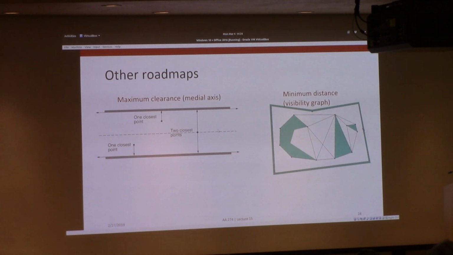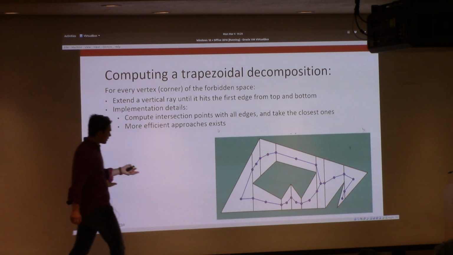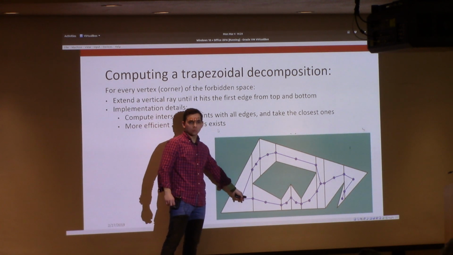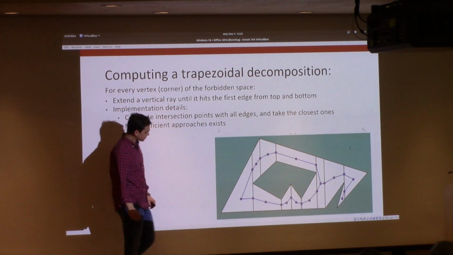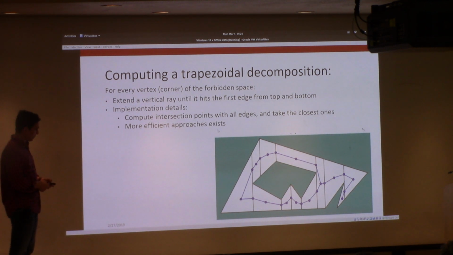Okay. So this was about trapezoidal decomposition, and as one of you already noted, this technique only guarantees finding a solution, okay? Because we pick, in some sense, an arbitrary point in each of those trapezoids, which doesn't guarantee us to find an optimal solution.